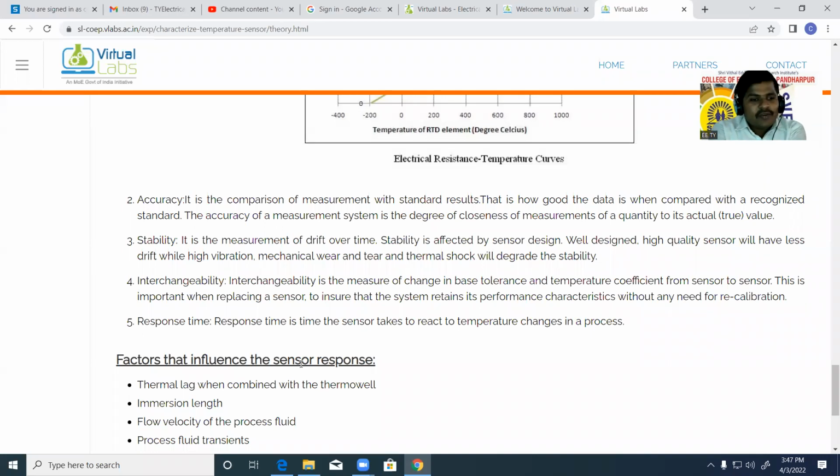Interchangeability is the measure of change in base tolerance and temperature coefficient from sensor to sensor. So it is nothing but change in tolerance and the base temperature from one sensor to another sensor having the same RTD or same material.